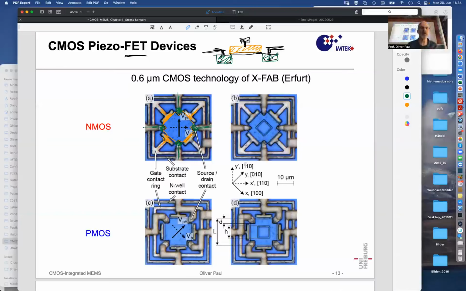So what you can do now is to send a current through the device, for instance, along this dashed line from one contact under the gate in this inversion layer, creeping along the oxide silicon interface as an inversion layer.